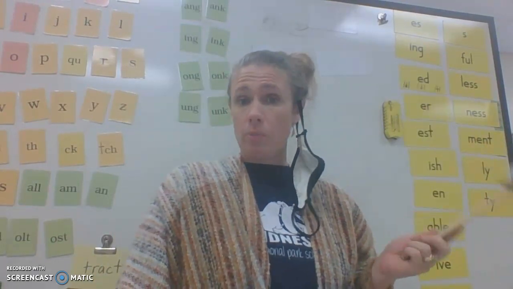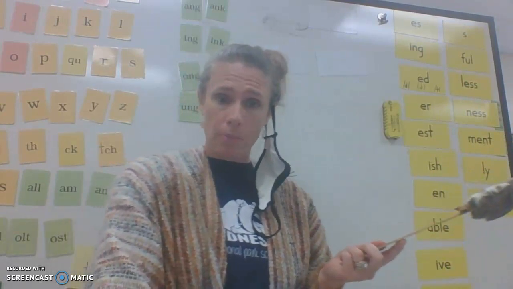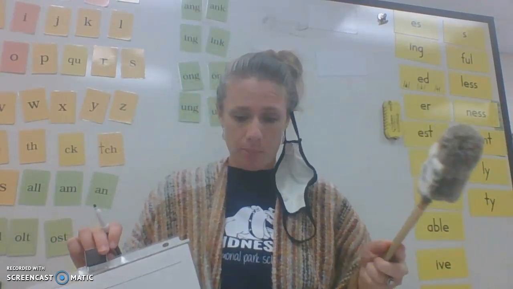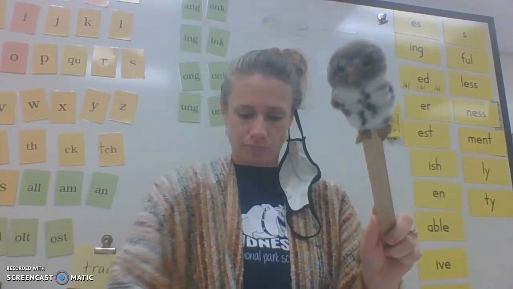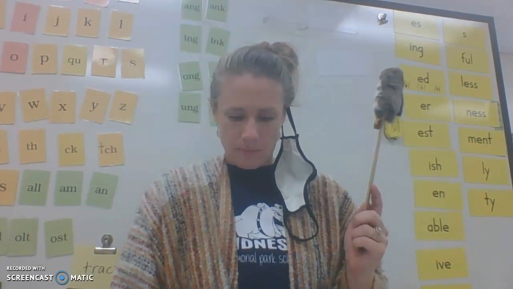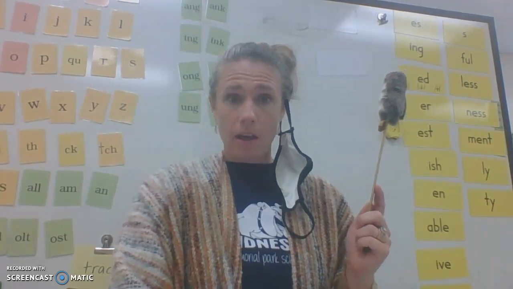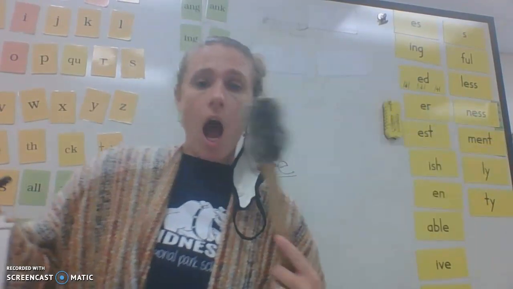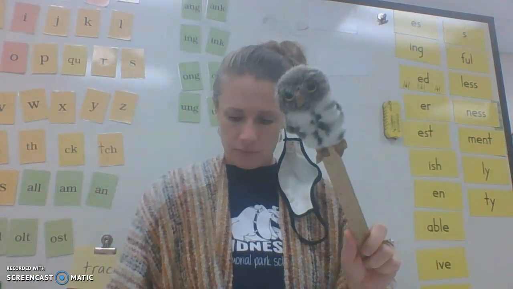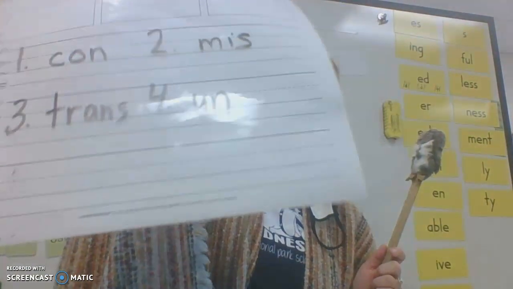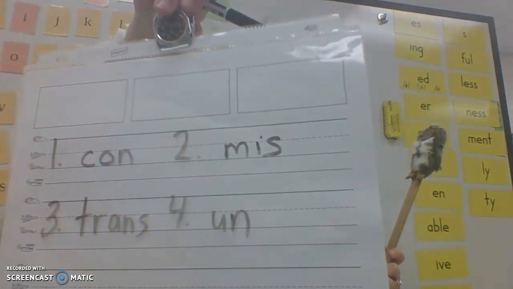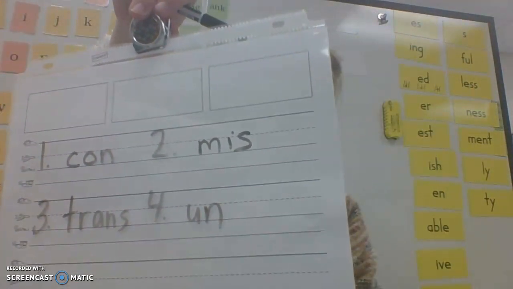Don't forget to pause if you need more time or to look in your student notebook. It's not cheating. Do it. It'll help you. Repeat after me. Trans. And number 4, un. Okay. When you're done, check your work to mine and fix any mistakes that you need to.